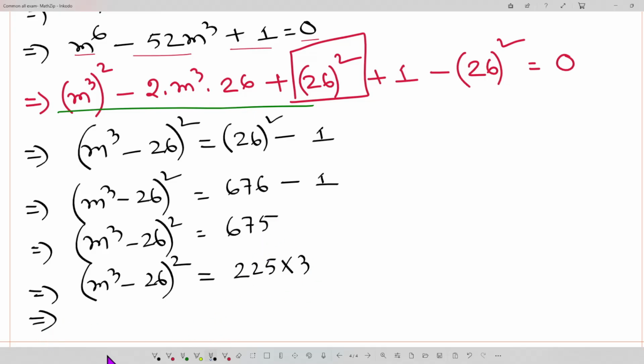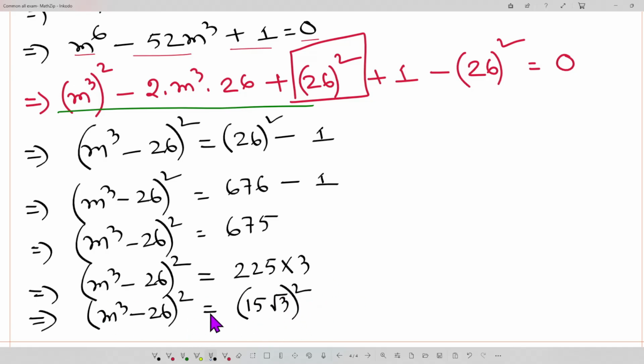Next, m cube minus 26 whole square, and this 225 is a perfect square. 15 square means 225, so we can write 15, and this 3 we can write as root 3 and whole square.